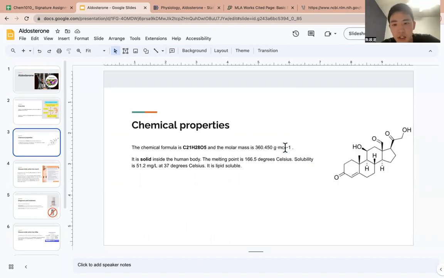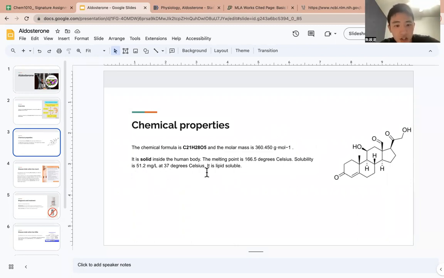The chemical properties of aldosterone are below. The chemical formula is 21 carbon and 28 hydrogen with 5 oxygen. And the molar mass is around 300 grams per mole.